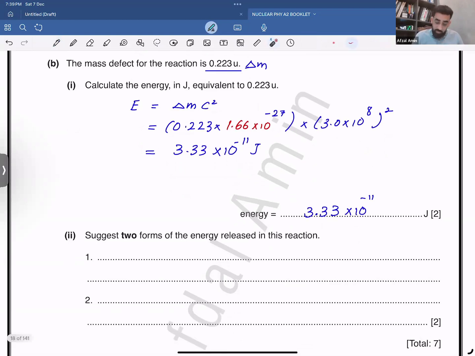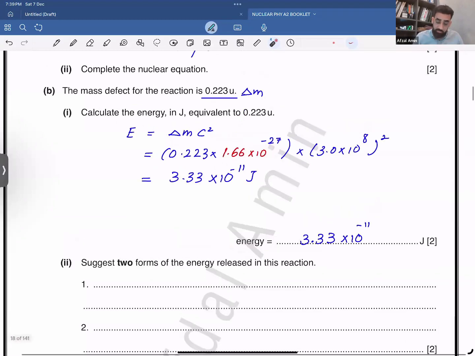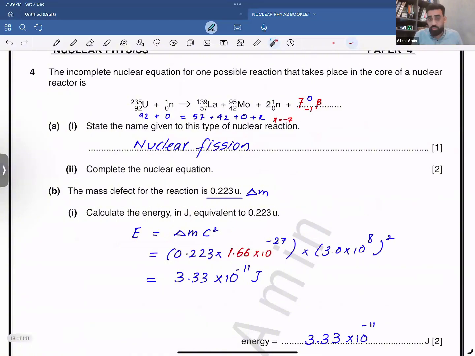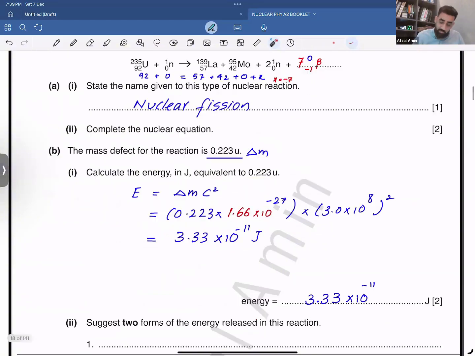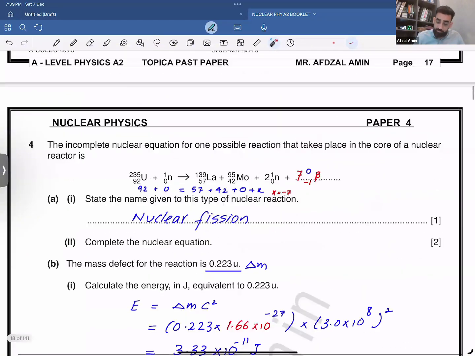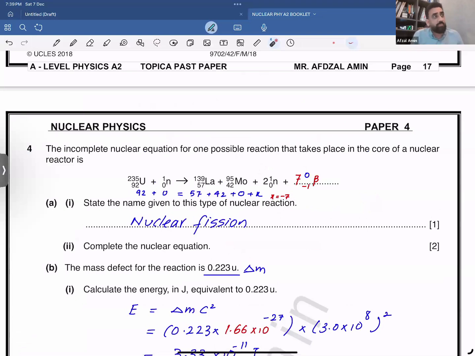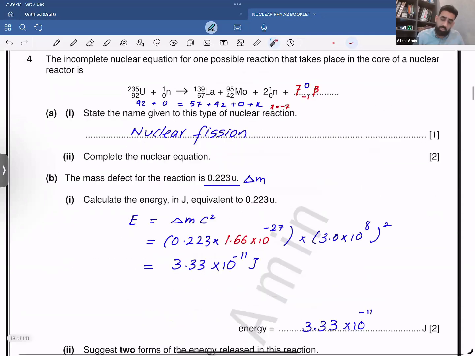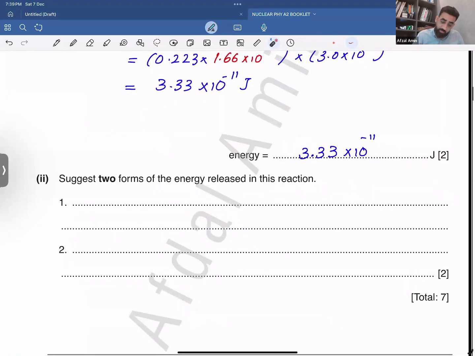The next part, state 2 forms of energy which is released in this reaction. Certainly the products, they have motion. So motion means they have kinetic energy. Number 2, you know when beta negative is emitted, alongside beta negative, the antineutrinos are also emitted. Plus there are always gamma ray photons. Any of those 3 answers you can write.